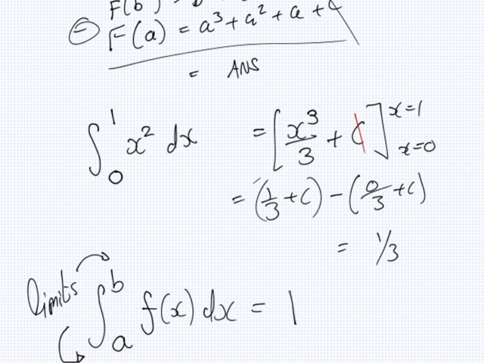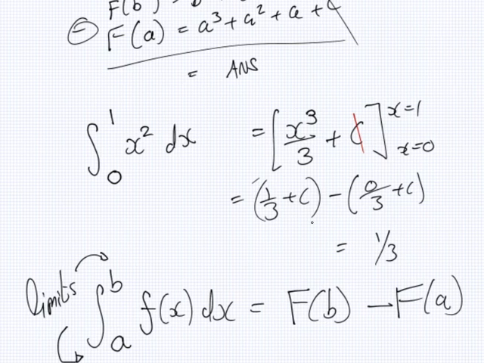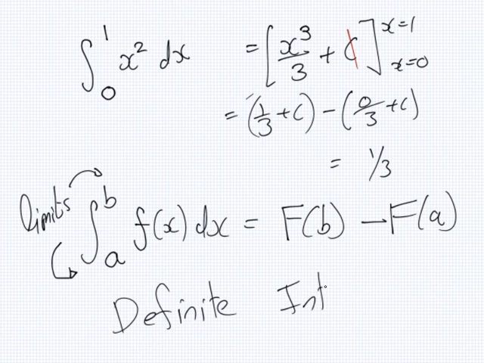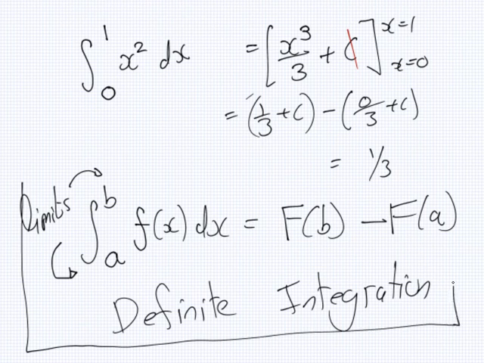The answer will be big F(b) minus F(a), and we call this a definite integration, because it has definite values. Let's have a look at some examples, but this is the concept.